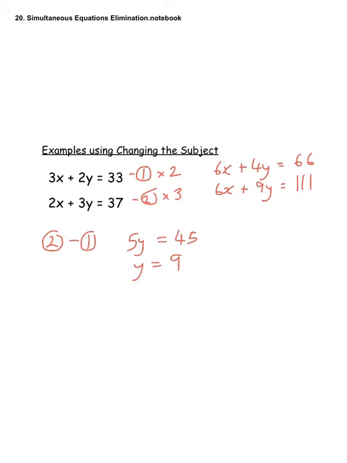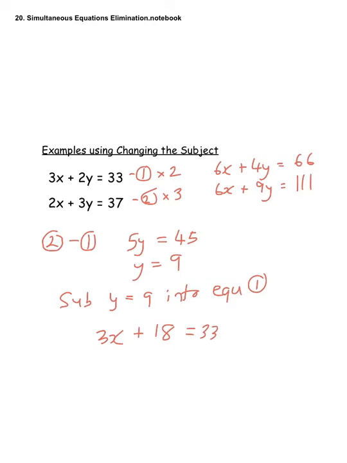The next thing we do is we write our little sentence, so we get sub y equals 9 into, and I'm going to use equation 1, the original equation number 1, to sub my y equals 9 into. So I get 3x plus 2 nines, which is 18, is equal to 33.